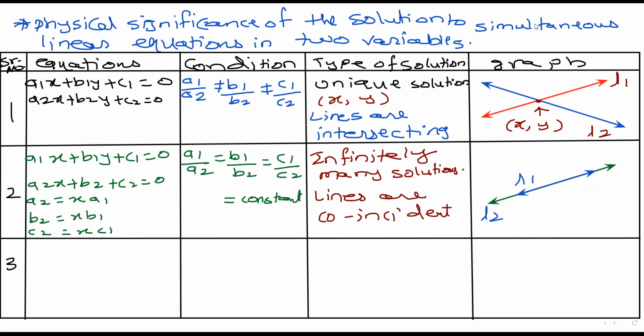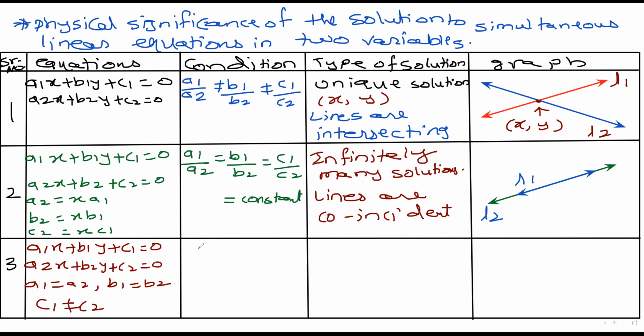And the last case, we have A1x plus B1y plus C1 is equal to 0, and A2x plus B2y plus C2 is equal to 0. In fact, here A1 is proportional to A2, B1 to B2, but C1 is not in the same ratio as C2. So what is the condition?